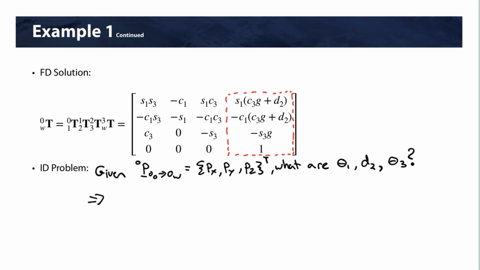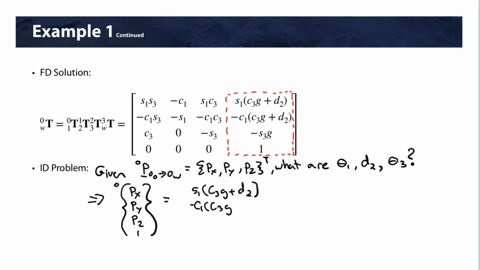We can note that our position px, py, pz with respect to the base frame is going to have to equal S1 C3 plus D2, minus C1 C3 plus D2, minus S3, and 1. Again, this is with respect to our base frame.